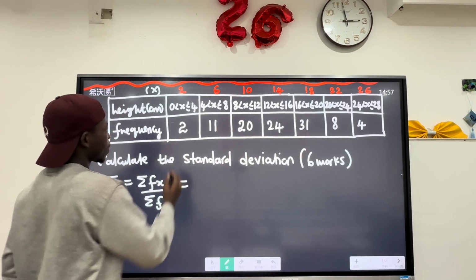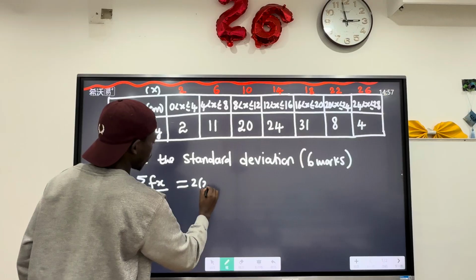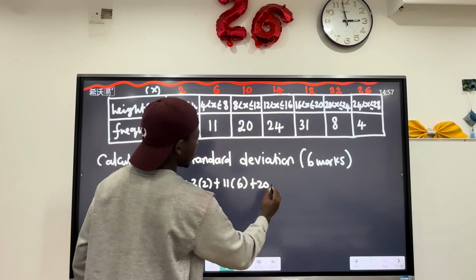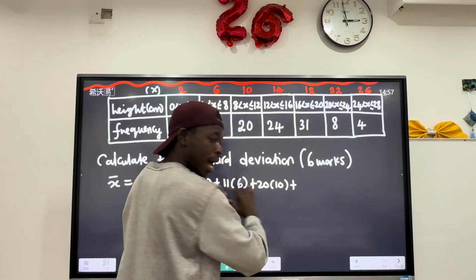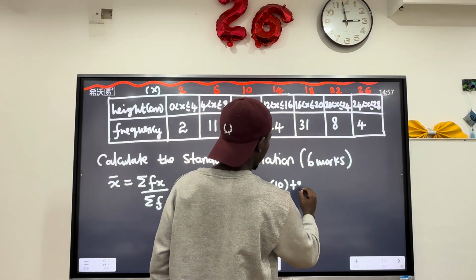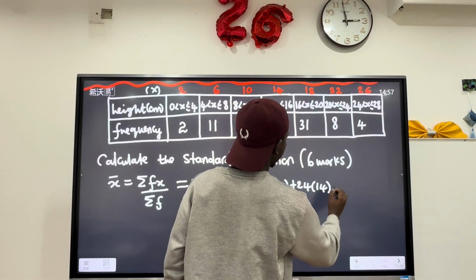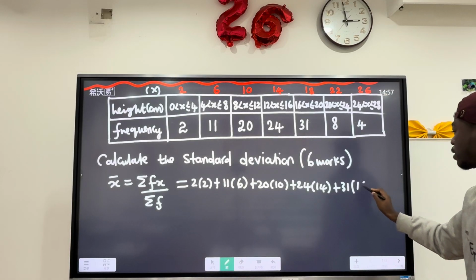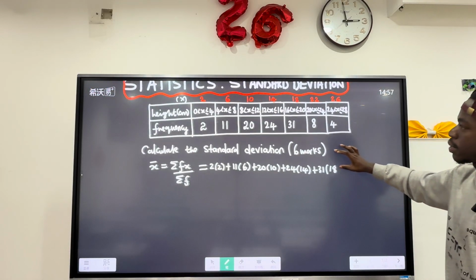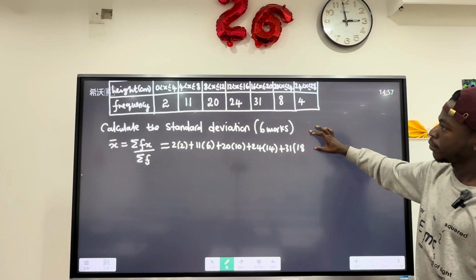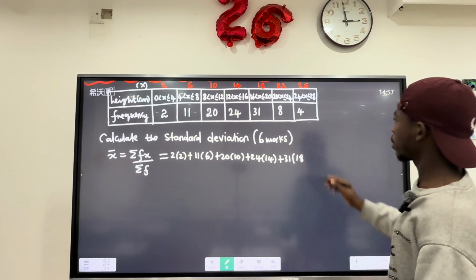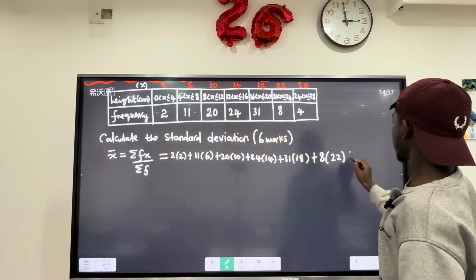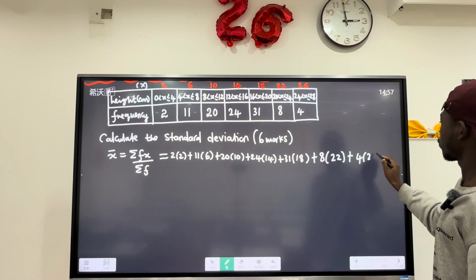So we start. 2 multiplied by 2 plus 11 multiplied by 6 plus 20 multiplied by 10 plus 24 multiplied by 14 plus 31 multiplied by 18, plus 8 multiplied by 22 plus 4 multiplied by 26.